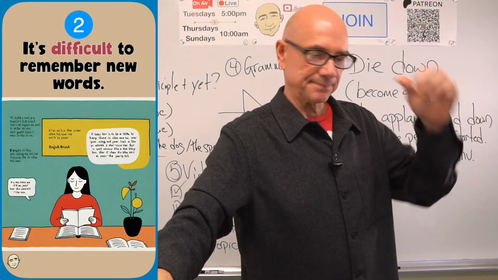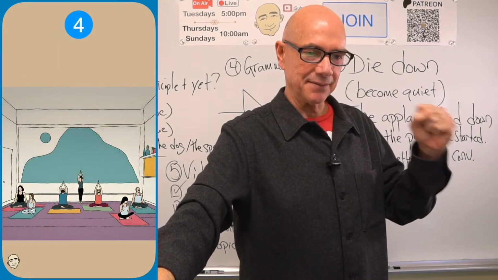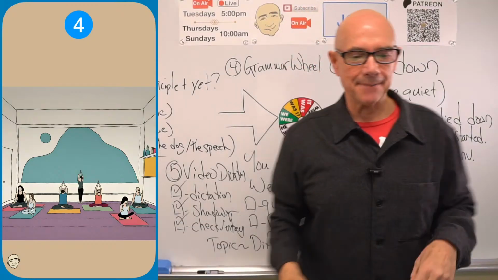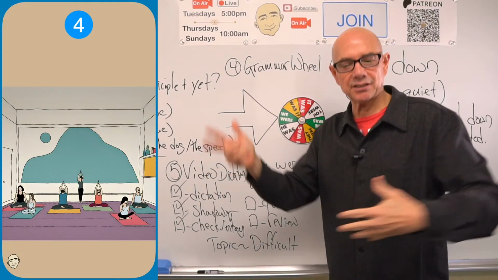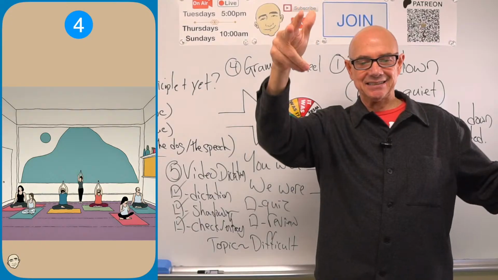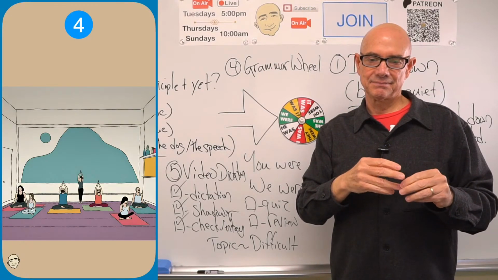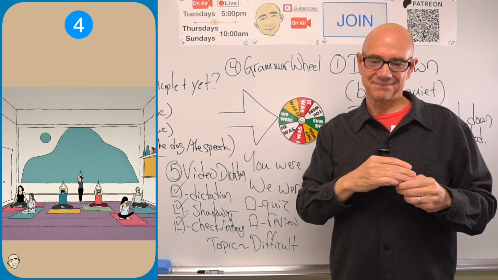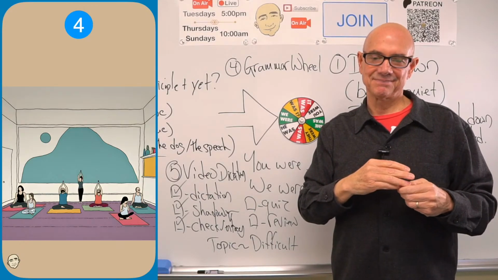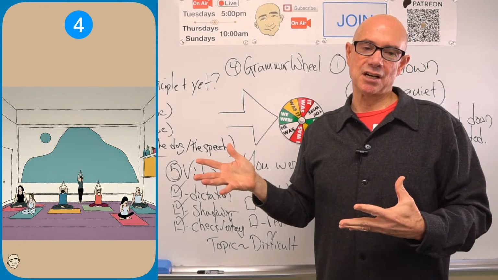Good, Raj. That's right, Ava. Never give up. Okay, there we go. There is the picture. Do you remember the sentence? There's the picture.